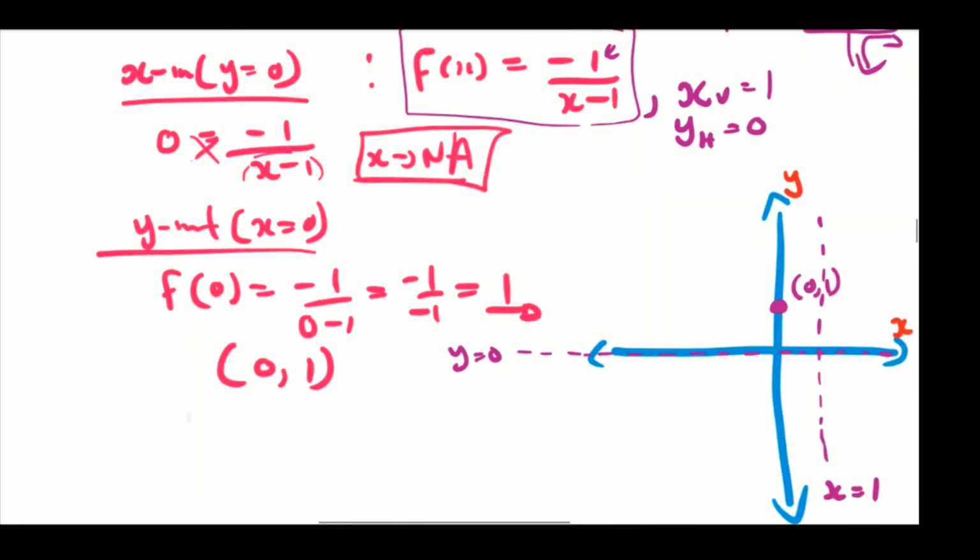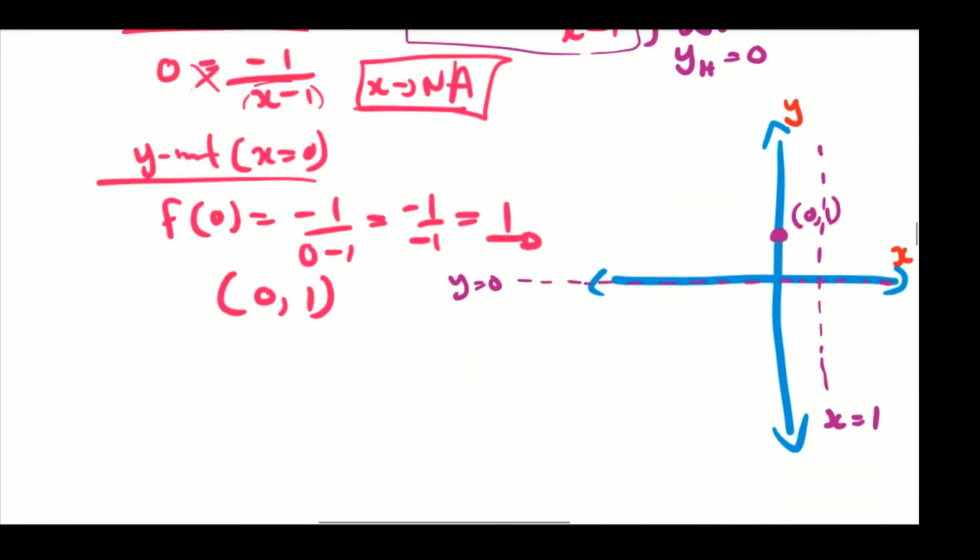Hence, if we draw, we have one intercept here, so it's going to move like that, and the other part is going to move like that. So this is our graph of f.